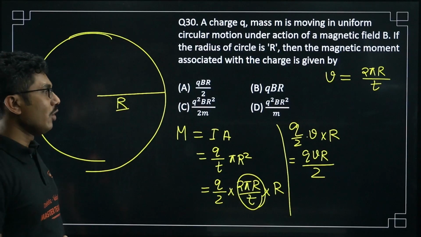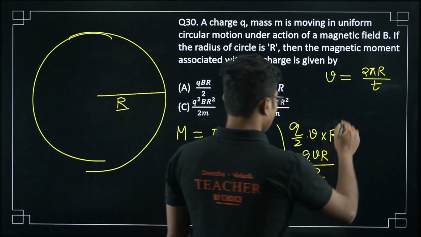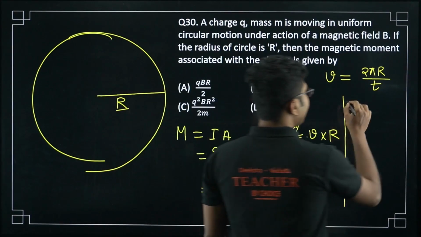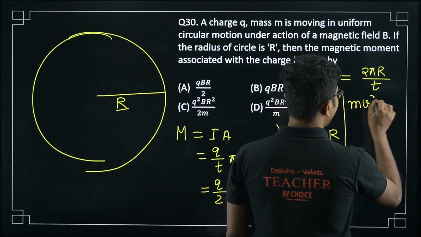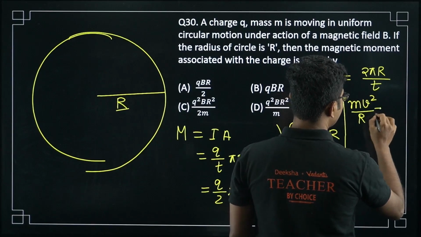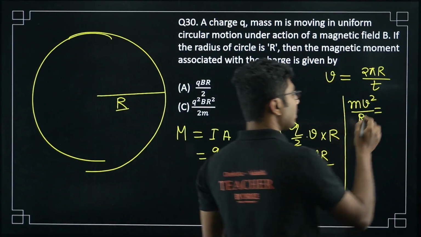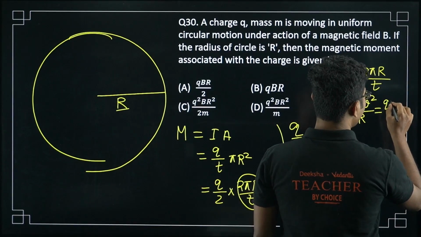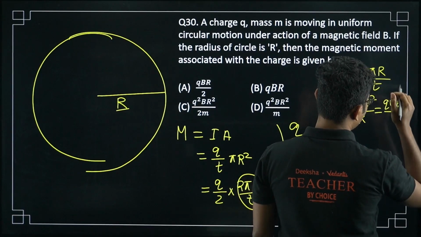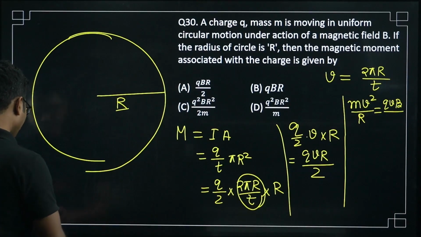Now you have to put the value of velocity in this expression. How to do that? We know that m v square by r is the centripetal force, and that should be equal to the Lorentz force. Lorentz force is q v b sin theta, and for theta equals 90 degrees, it will be q v b.